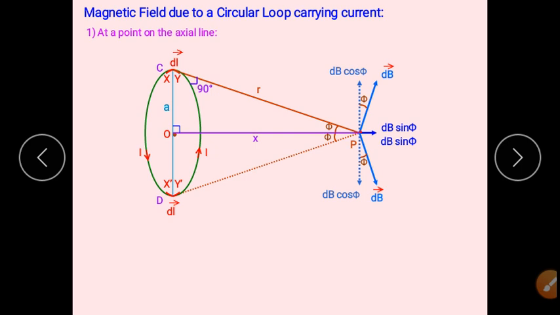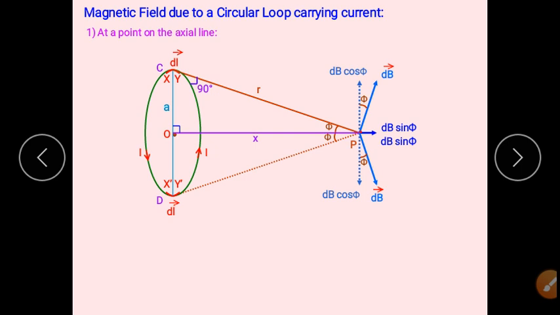This is the total field produced by only 2 current elements, xy and x dash y dash. So, we have split the entire circular loop into a large number of current elements. And to find the total field due to the circular loop, we have to add the magnetic fields due to all the current elements.